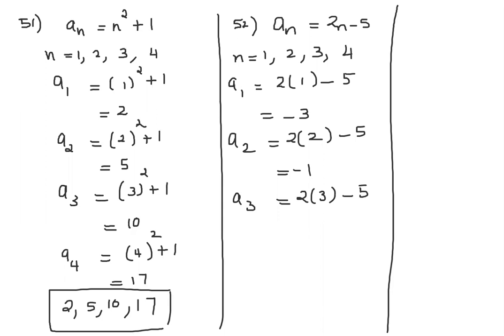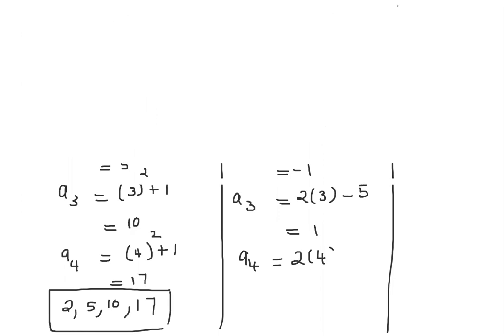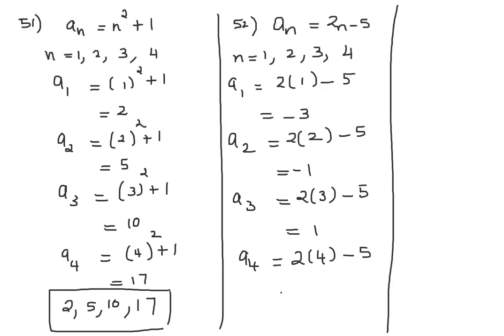And 2 times 3 minus 5 is positive 1. The last one is 2 times 4 minus 5, which is going to be 3. So the answer is negative 3, negative 1, 1, and 3.